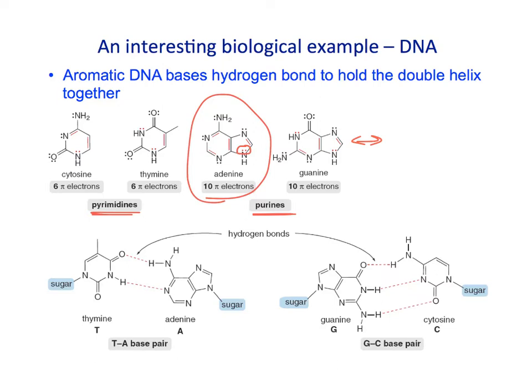Okay, so we can draw a resonance structure from this amide, where these electrons go down and the electrons are spread up onto the oxygen. Okay, so this gives us a resonance structure that looks like this.